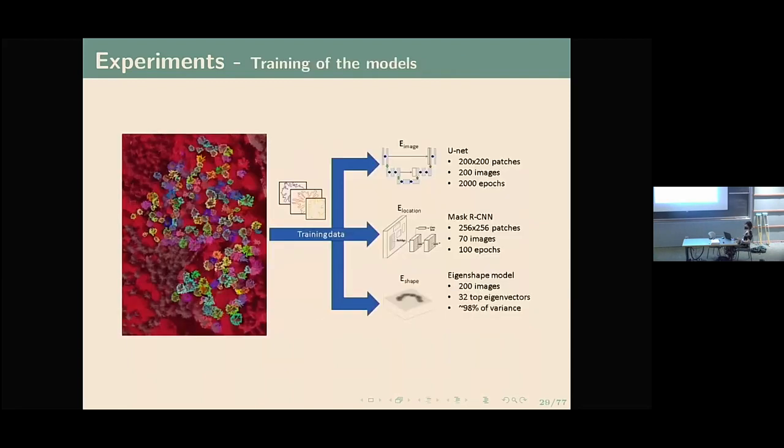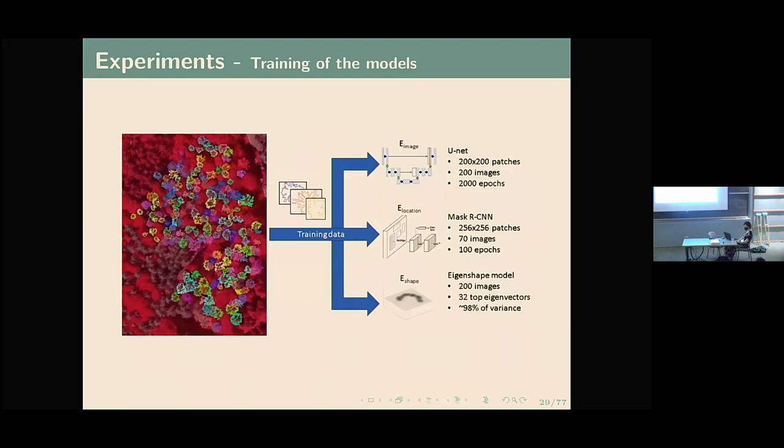Then these laboriously labeled training polygons were used as input data to train the three separate components of our framework. The U-Net, so these are going into the U-Net for the corresponding image term.